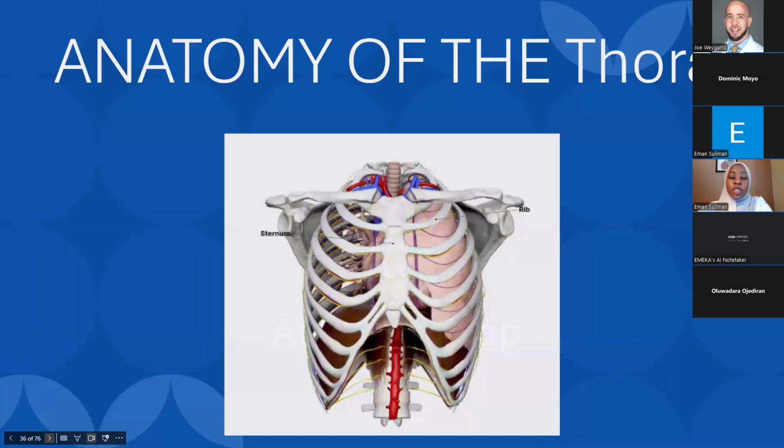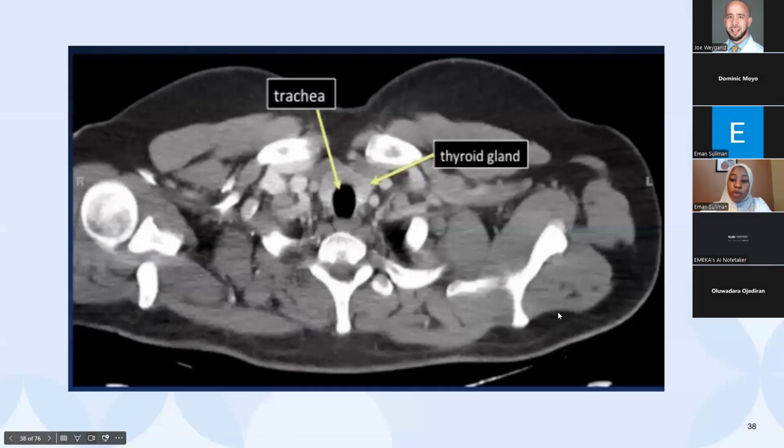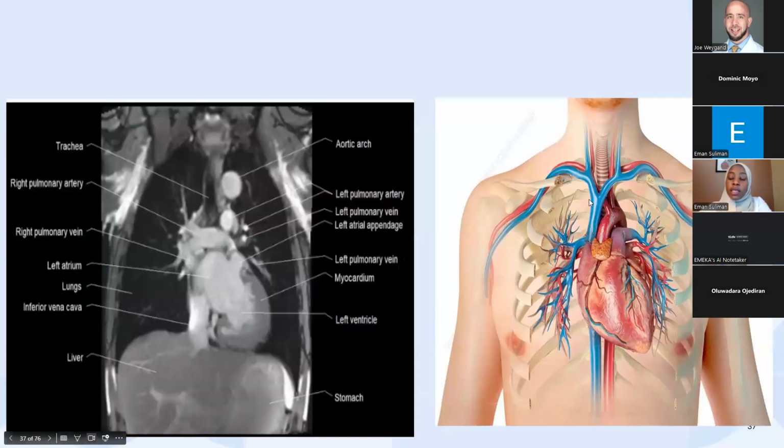Okay, let's move on to talk about the anatomy of the thorax. The thorax is formed of the rib cage, and then the heart, the lungs, and the vascular structures inside. Here is the heart at the center, slightly to the left side.